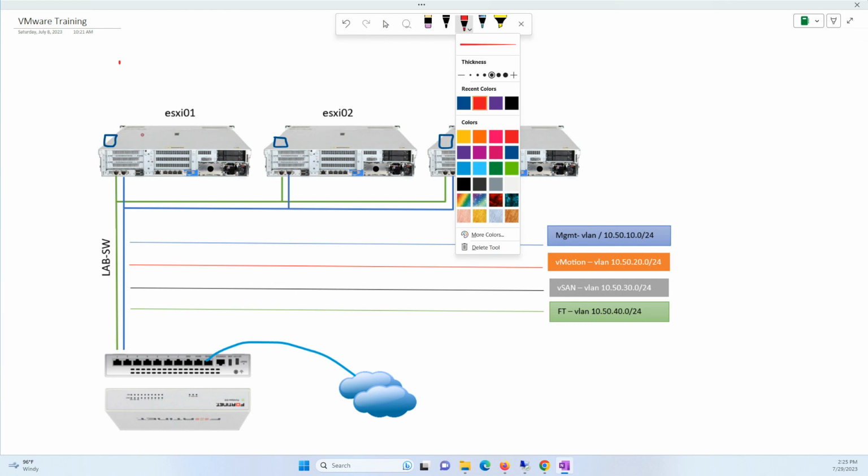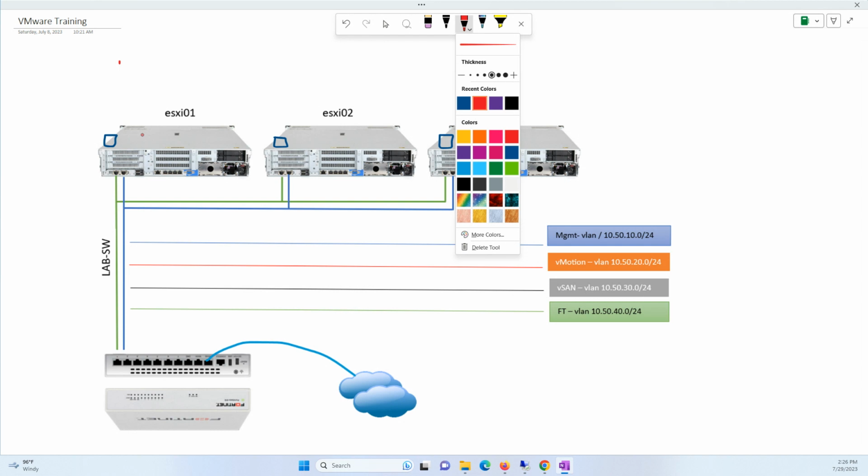vSAN requires, in fact I'm talking about a typical vSAN. Now there is what we call vSAN where you don't need a cache and capacity tier, but it's a new technology on ESXi 8.